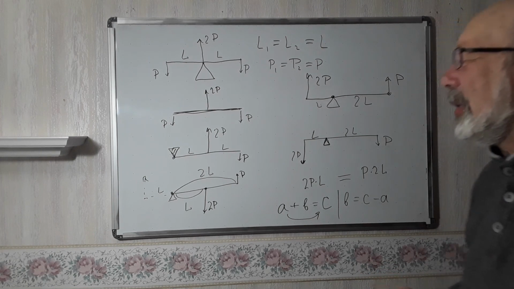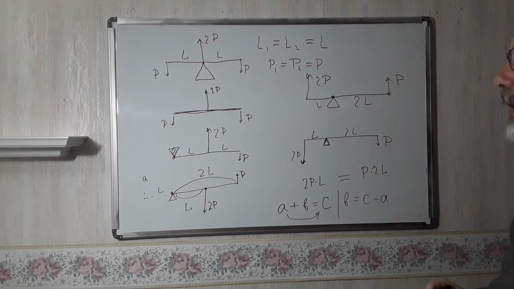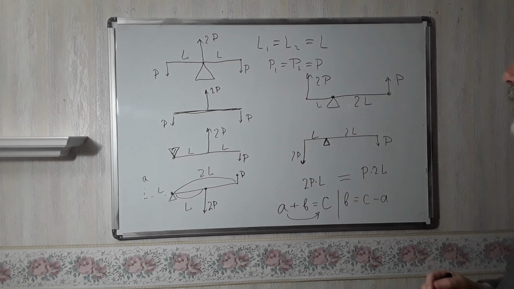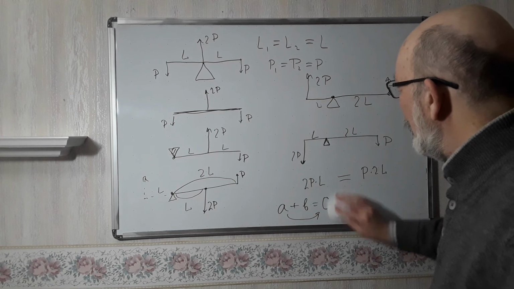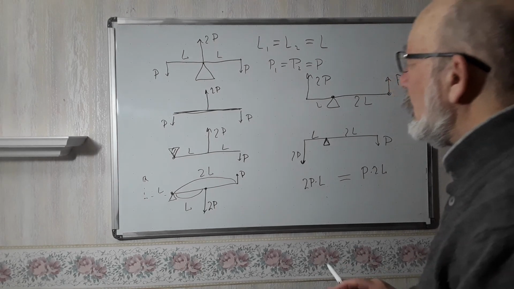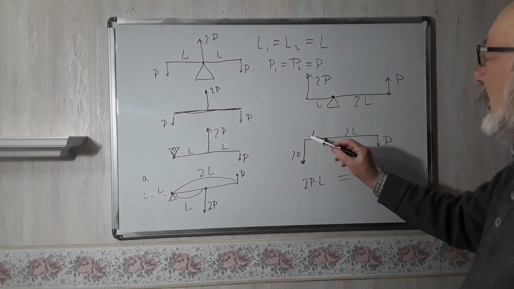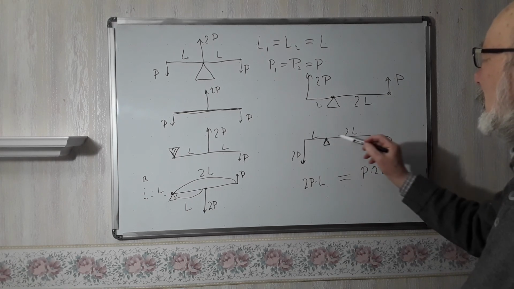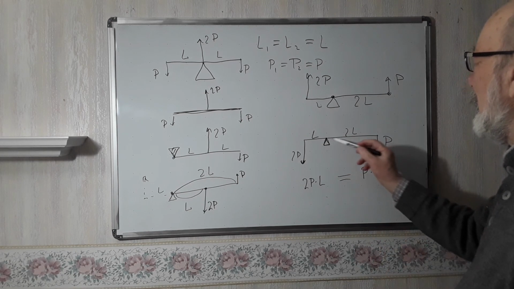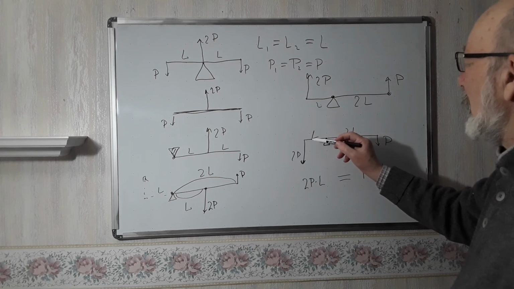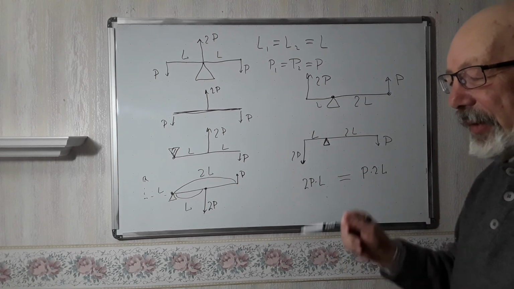I'm not sure that Archimedes thought exactly this way, but his reasoning that I read in his work was approximately like this. So we proved that if one side of the lever is twice the other side, right side is twice left side, and the right force is 1/2 of the left force, then the lever is in equilibrium.